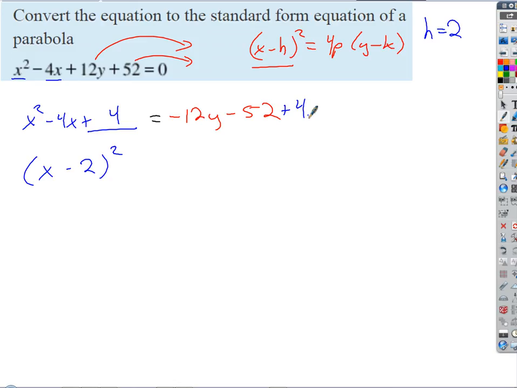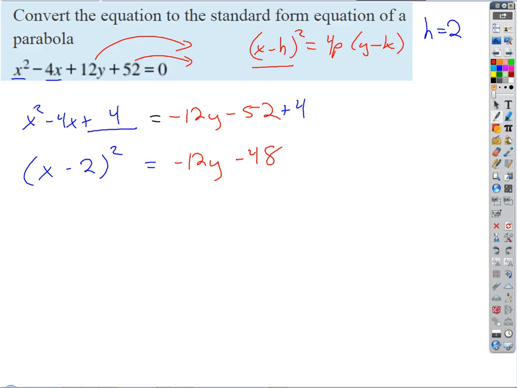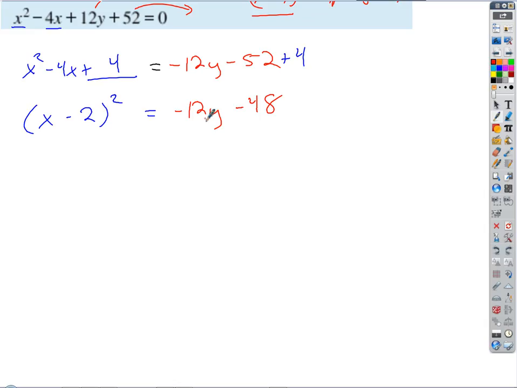So what am I left with on the other side? Negative 12y minus 52 plus 4 is minus 48. And so I've got to go through that same process of factoring out a negative 12. And so we're left with (x minus 2) squared equals negative 12 times what?